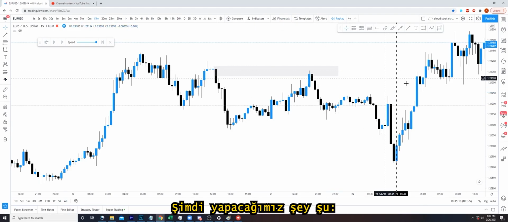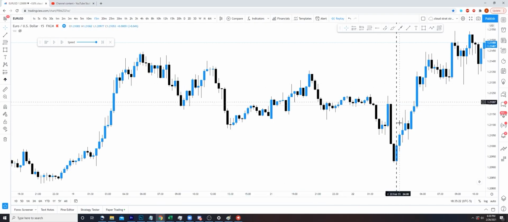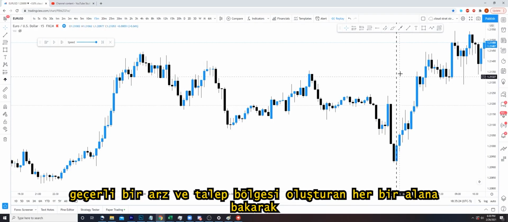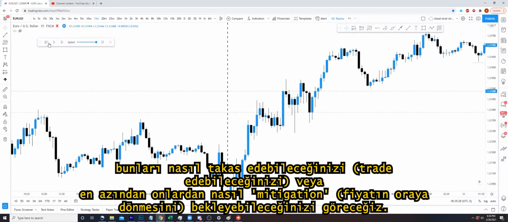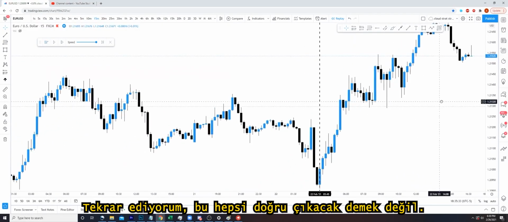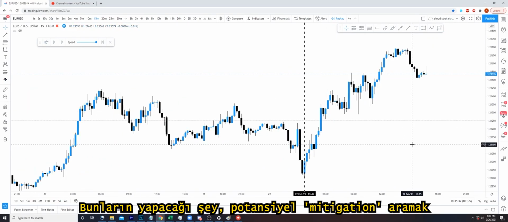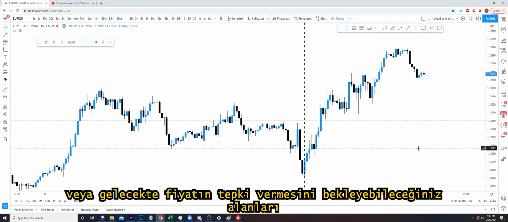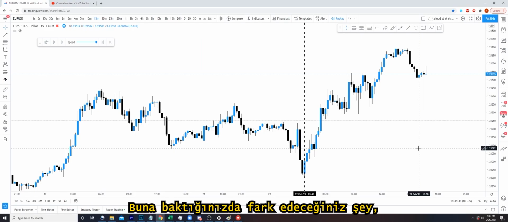So what we're going to do is look at everything to the right of this little marker I put in, to look at every single area that constitutes a valid supply and demand zone, to see how you can trade them, or at least how you can anticipate mitigation from them. So again, this does not mean that they're all going to be correct. They function as an explanation of how you can use them to potentially look for mitigation, or areas that you can expect something from in the future.